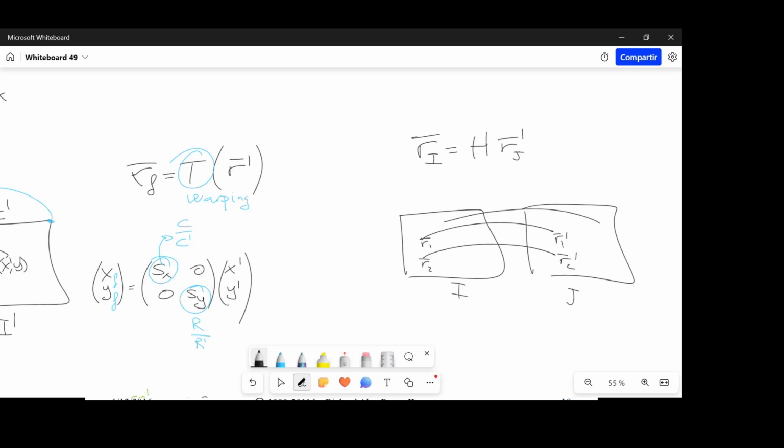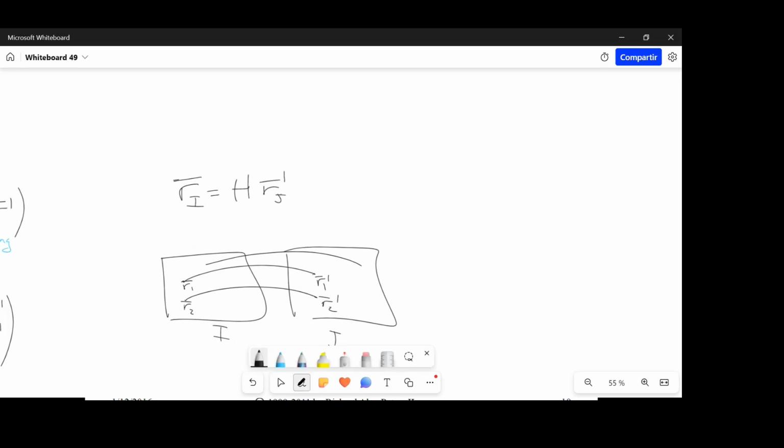So you have an equation system that is R1 would be H R1 prime, for the pairs. And I can also rewrite this, which is very much the same.